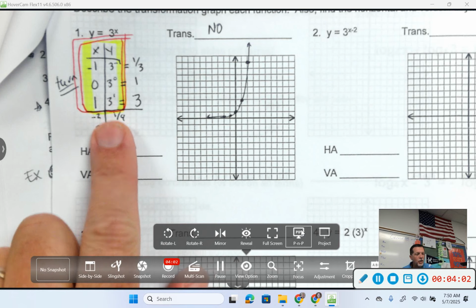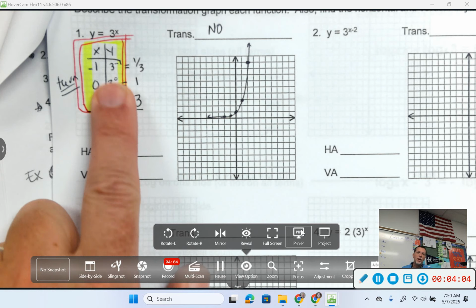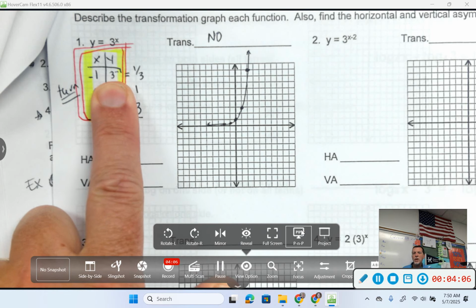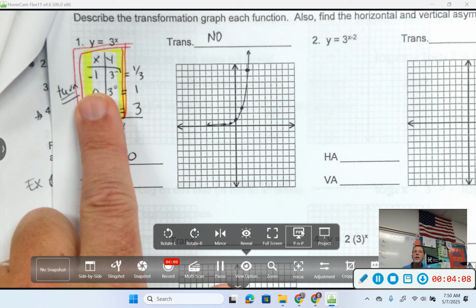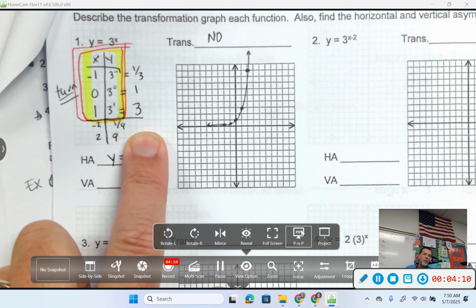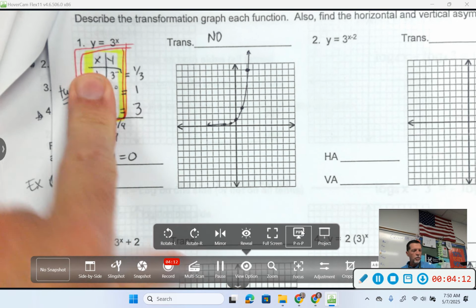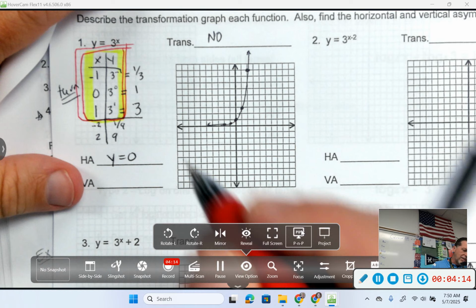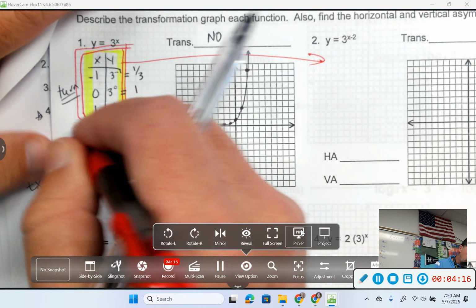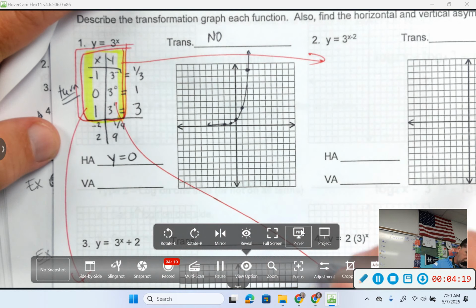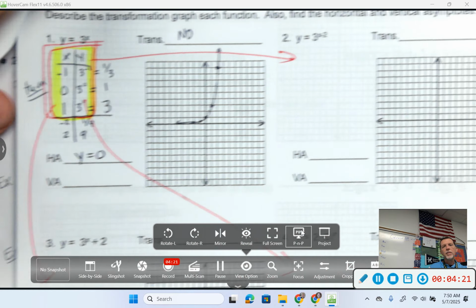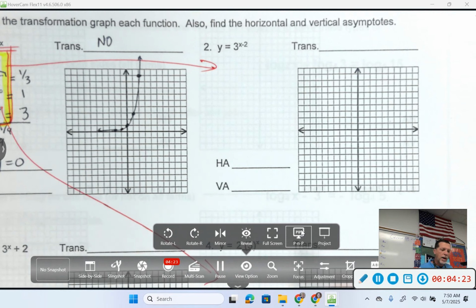We kind of need to know these points, and you don't have to memorize them because you can figure them out. Just like a parabola, you could square 1 and square 2. Here you can do the exponent and figure out the points, but we need to know those points because we're going to use that table everywhere else, because we're going to graph by transformations.